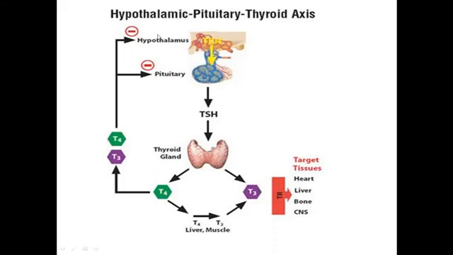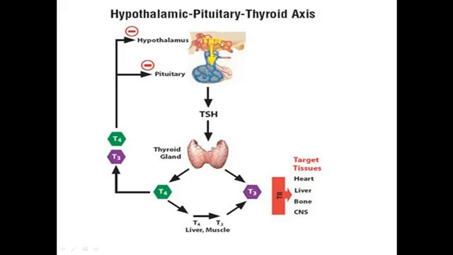So how is thyroid hormone synthesized? First, there is a stimulating hormone from the hypothalamus, TRH, thyroid releasing hormone, secreted from the hypothalamus on the anterior part of the pituitary gland.